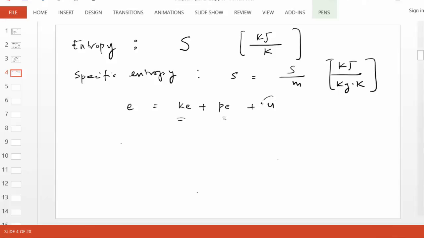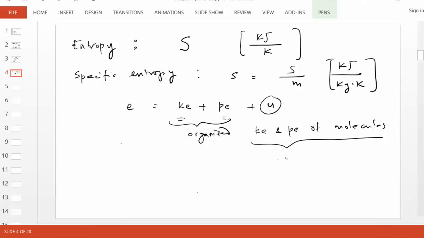But what is EU actually? EU is the aggregate KE and PE of all the random energy of molecules. And these are kind of organized. You can think like organized molecular energy. All the molecules are moving together. And these are like disorganized energy of the molecules.